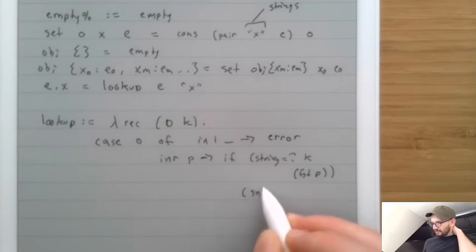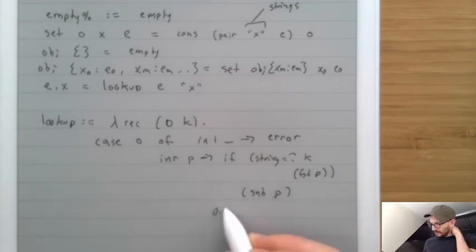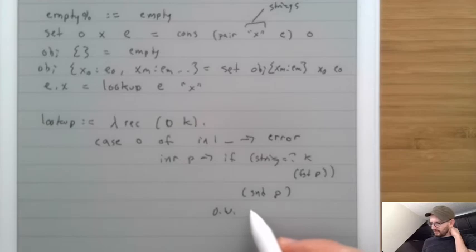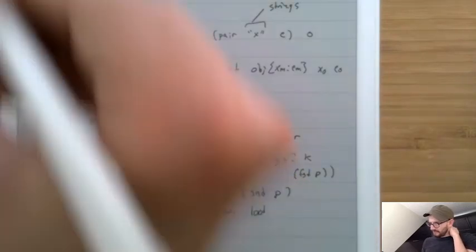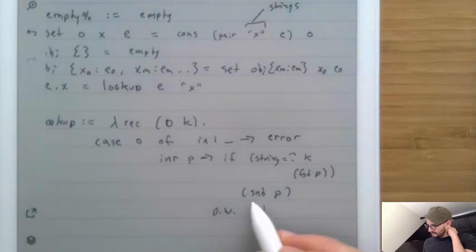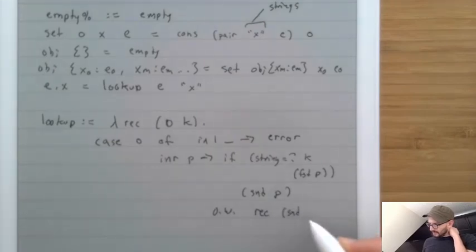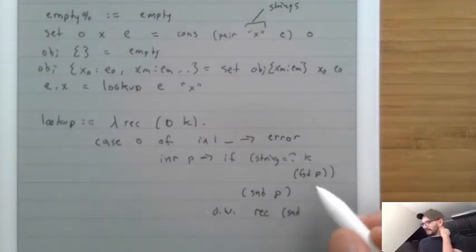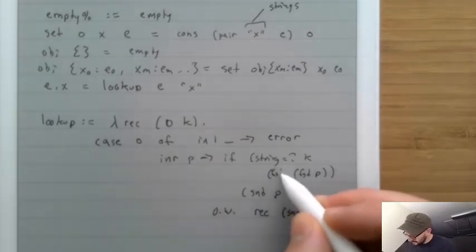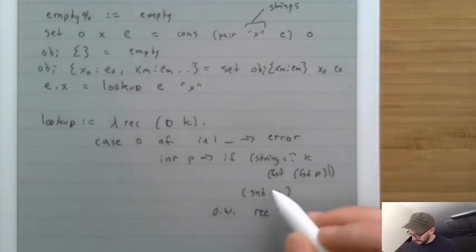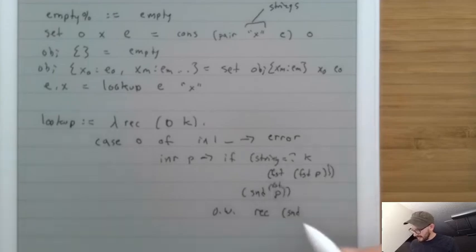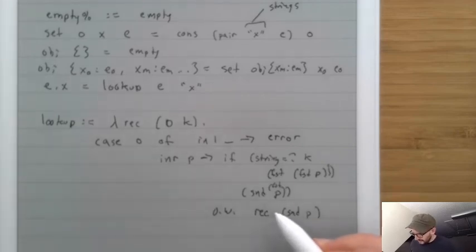If it's equal, then we would return the second thing inside of p. Otherwise, we would call rec on the second thing in p, and we've got to call rec also on k. All right?